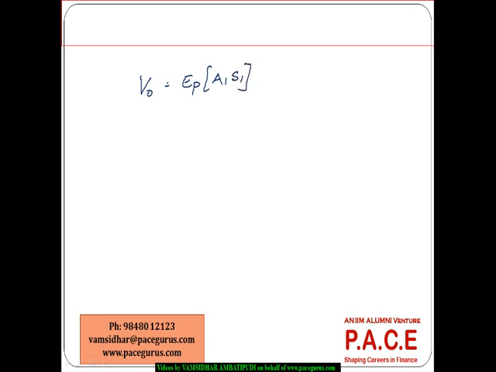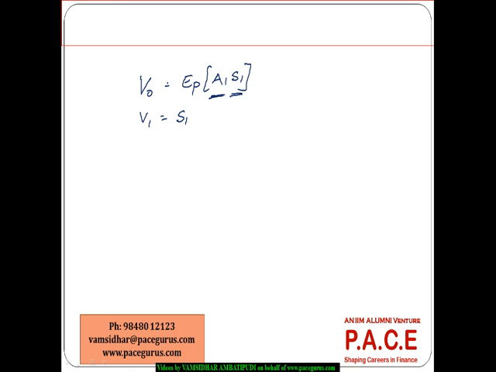Typically, when V1 is equal to S1, then V naught is EP, the expected value using the real world probability measure, of the state price deflator times the price of the share.